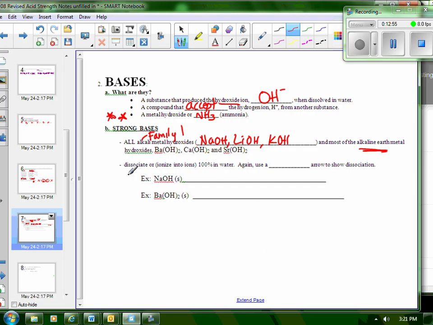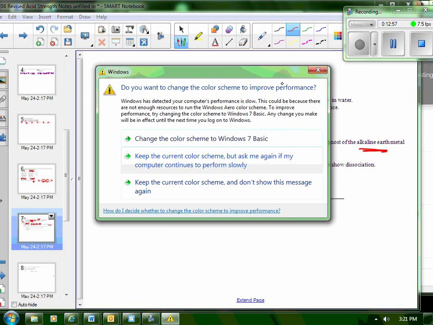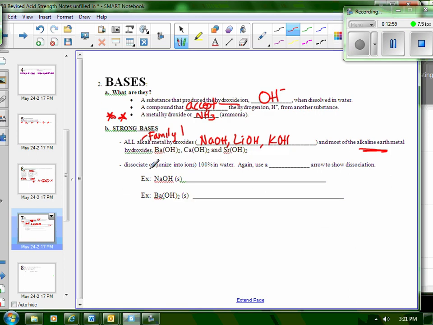No surprise, strong bases dissociate or ionize into ions 100% in water, so we're going to use that nice little single arrow. So NaOH, put it in water, it's going to break into Na+ and OH-. Now this one's a little trickier. It's barium hydroxide, Ba(OH)2.